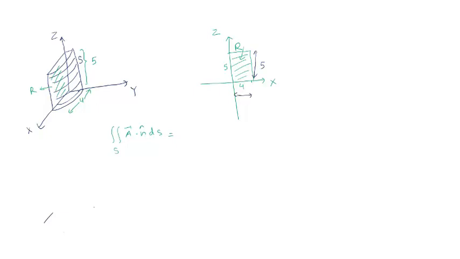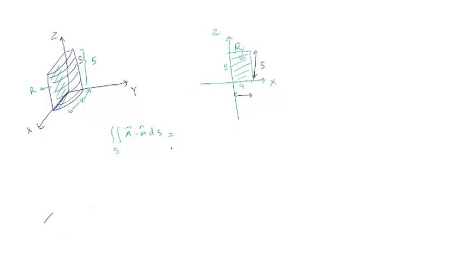Since the radius of the cylinder is 4, from this point to this point, this length is 4. It means that corresponding to this projection shown in the xz plane, this side will be 4 and this side will be 5, and R is a rectangle.